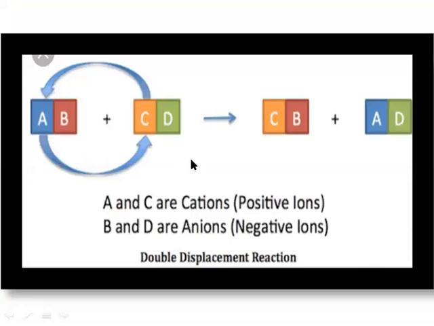This can also be represented as AB, the reactant 1, and CD, reactant 2, where A and C are cations or positive ions, whereas B and D are anions, negative ions. After the switch of the positive ions, the products formed are CB and AD respectively.